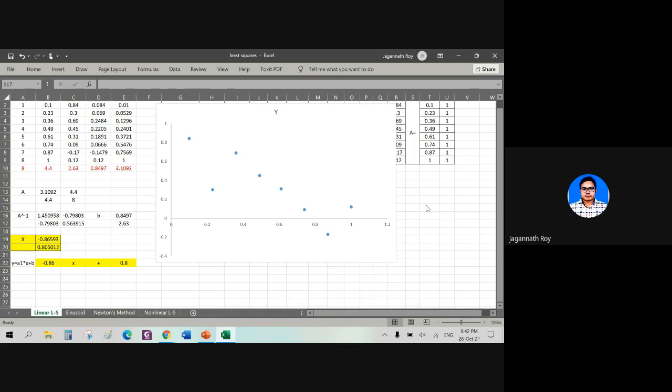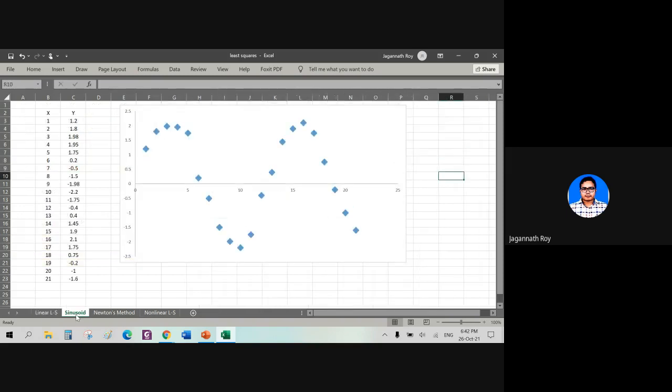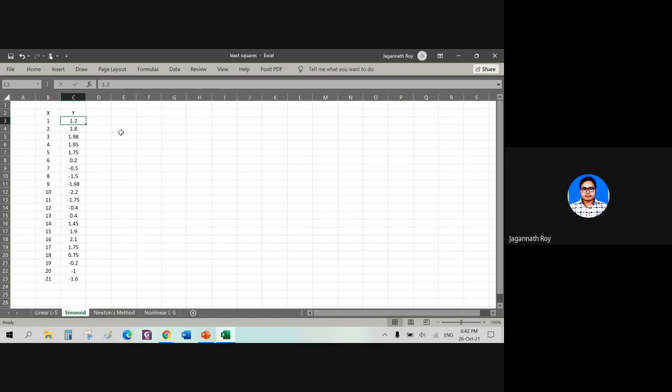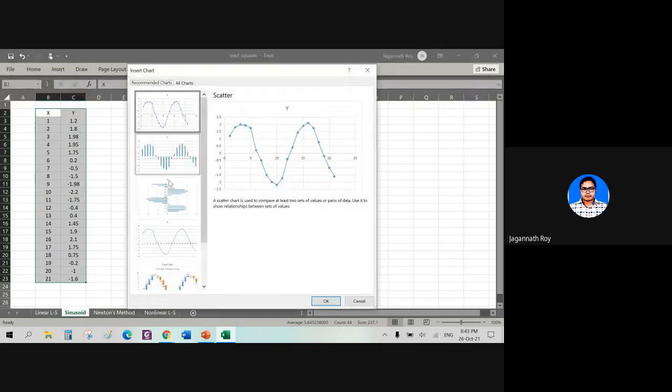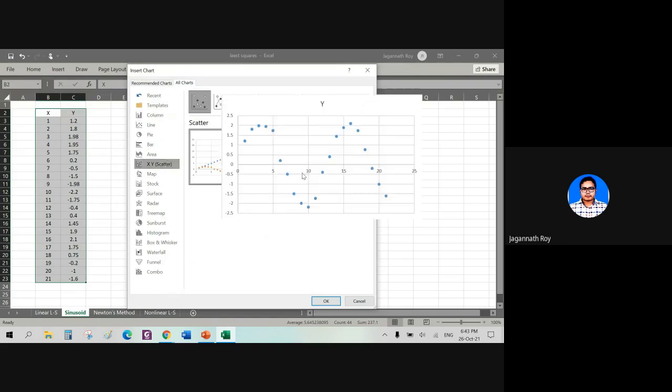Okay, but if you have a different kind of data, where xi and yi are given, of this form, for example, this data is not here, only these 21 values are given. So from here you have to understand the scatter plot. This scatter plot will give you this form.